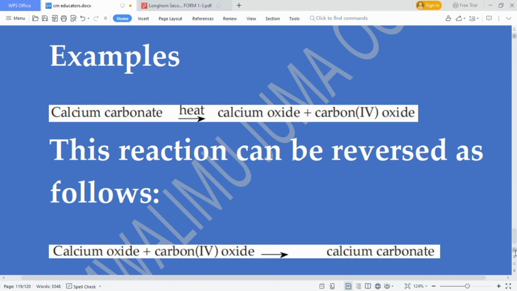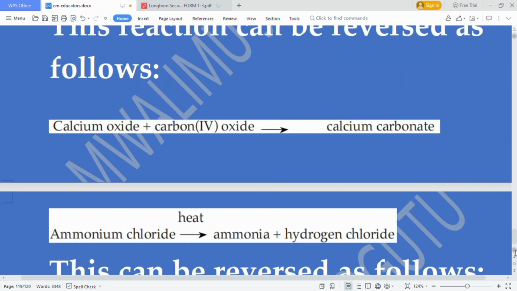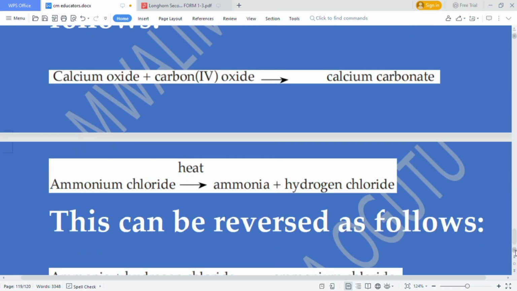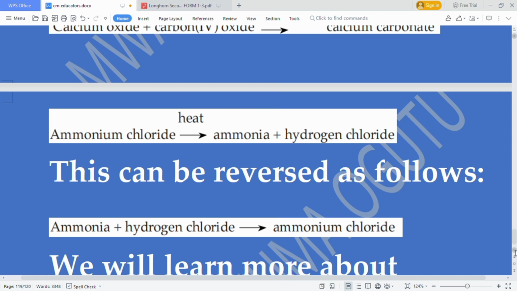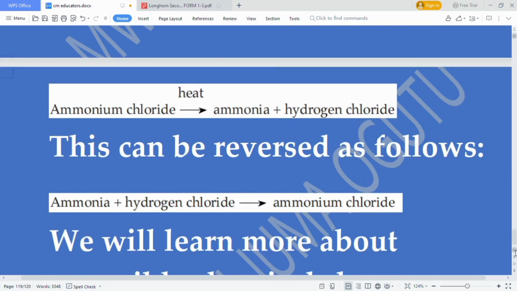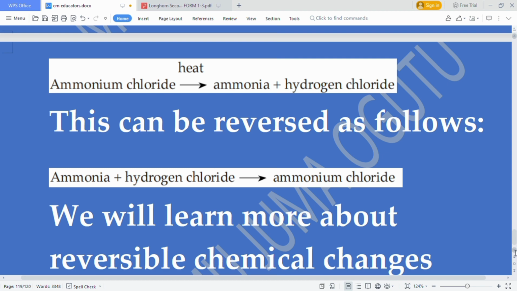So that's an exception, a chemical change that is reversible. So we have a number of exceptions. So we also have ammonium chloride. In the decomposition of ammonium chloride, we have ammonia and hydrogen chloride. When we react ammonia and hydrogen chloride, we will have ammonium chloride. We'll learn more about reversible chemical changes later.